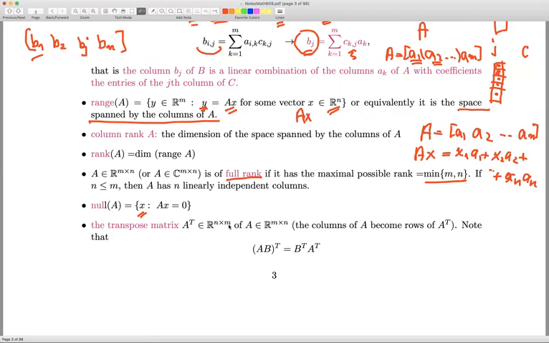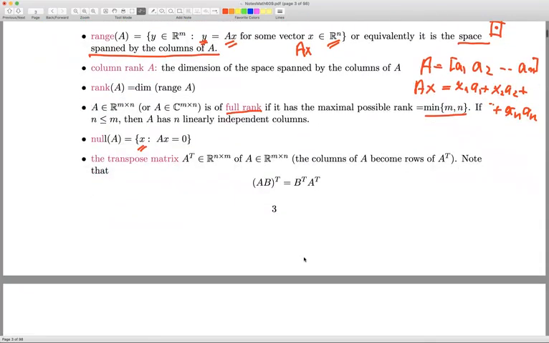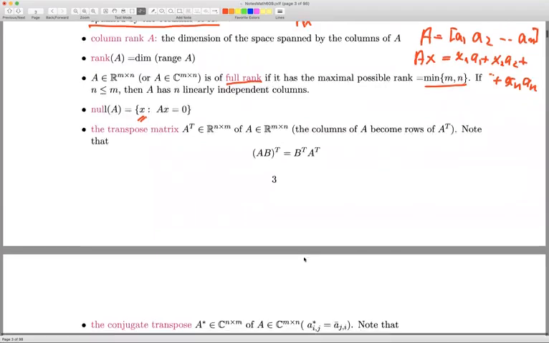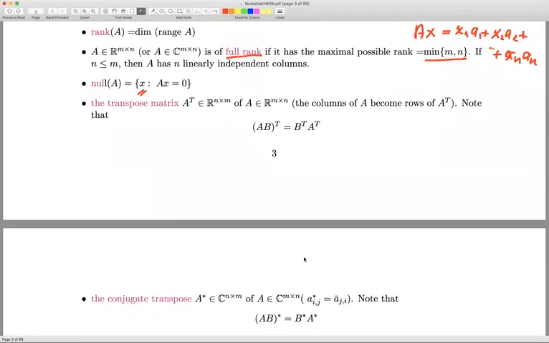And if you have the product AB transpose, then this is B transpose times A transpose, which is the main equation that relates to the property of transposing a matrix.